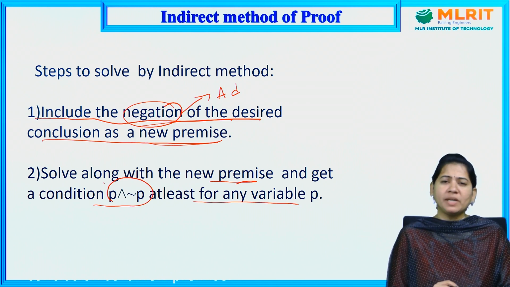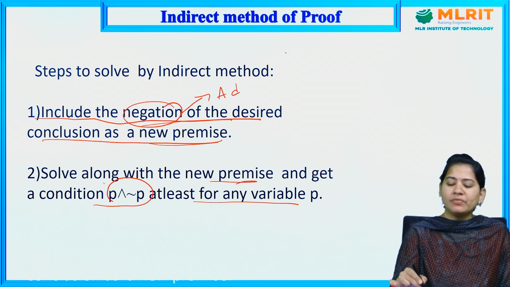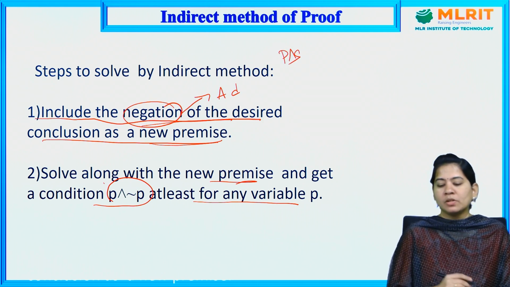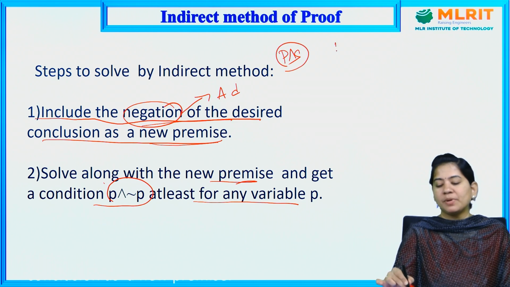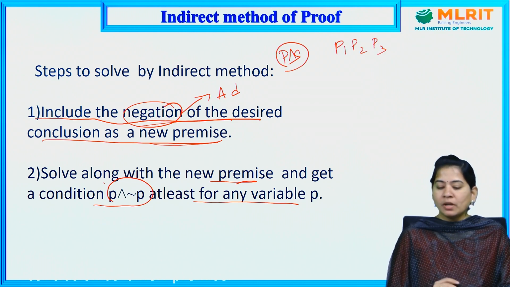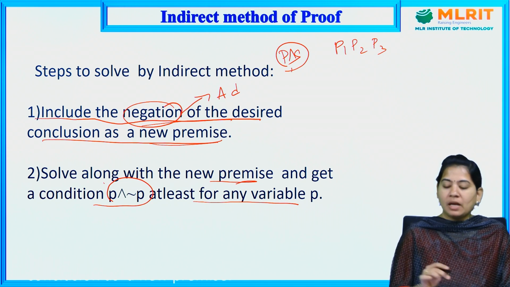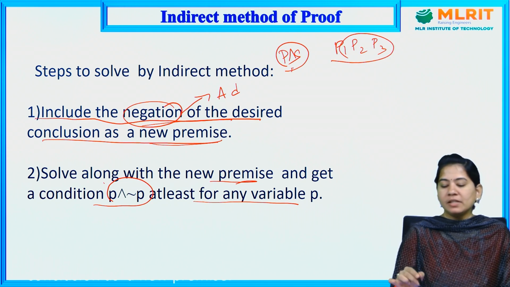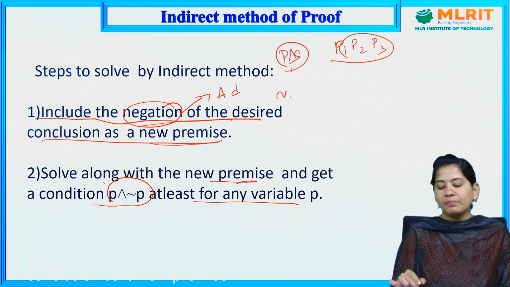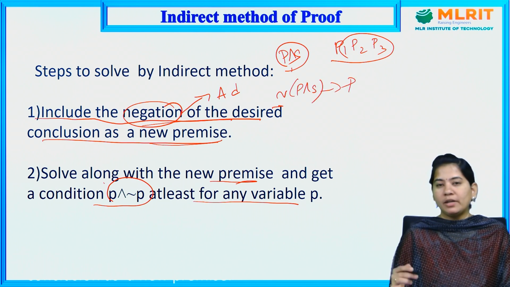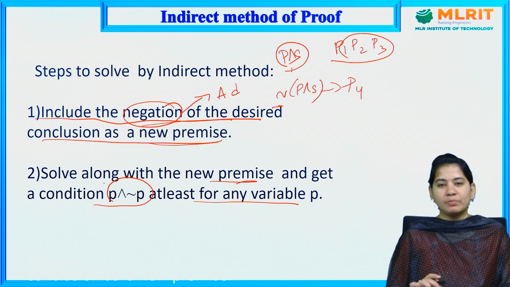So what is the meaning here? For example, they give a conclusion, and some premises like P1, P2, P3, and so on. For this conclusion, we need to apply negation. After applying the negation, you consider this also as one new premise, for example P4.